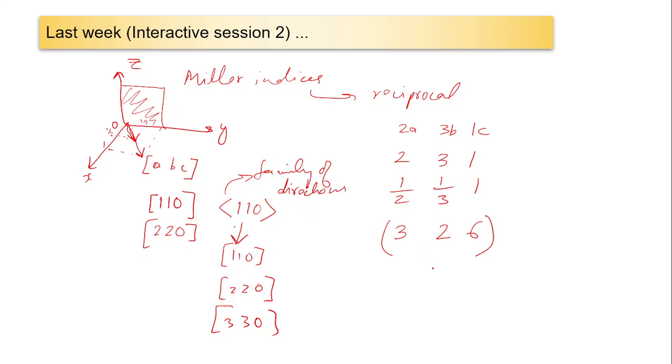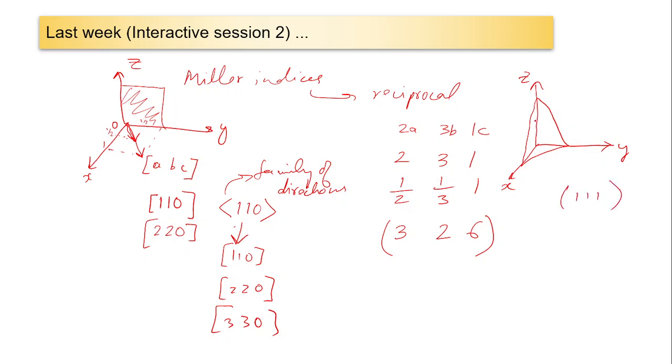Now similarly, when we have a family of planes, let me draw again. This is x-axis, this is y-axis, this is z-axis. If this is my plane, it's intercepting at 1 1 1, then I'll call it the 1 1 1 plane.